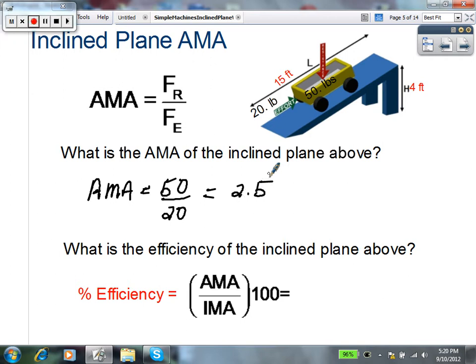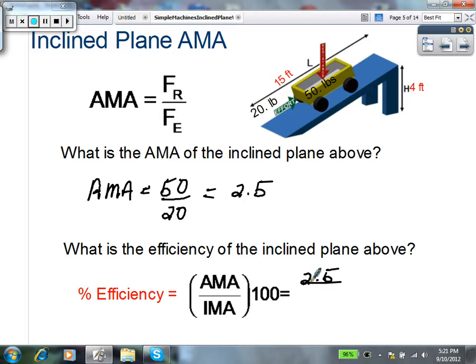And the reason for this is due to just the friction of pulling the cart up the hill. Maybe there's some friction if you're pulling it using a rope as it's wrapped around the pulley. So the efficiency is never going to be 100%. So calculating the efficiency, remember we said it's the actual mechanical advantage divided by the ideal mechanical advantage times 100, and the 100 allows us to put it in percentage form. So the actual mechanical advantage was 2.5.